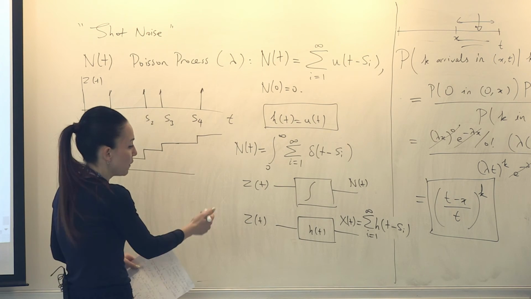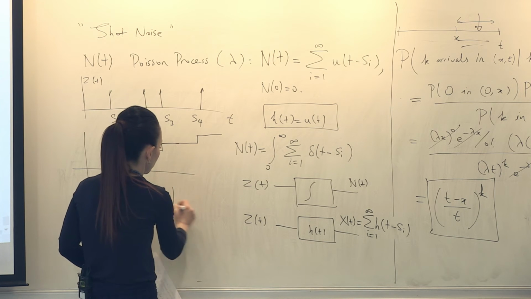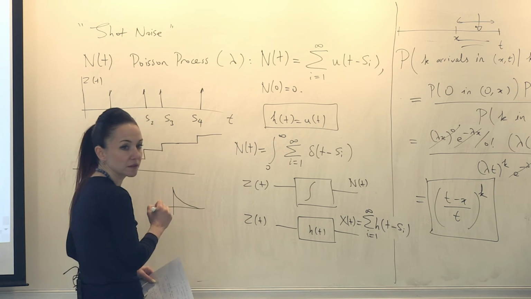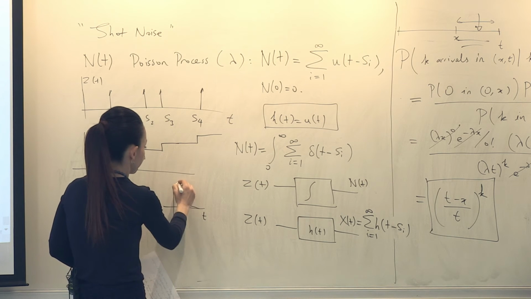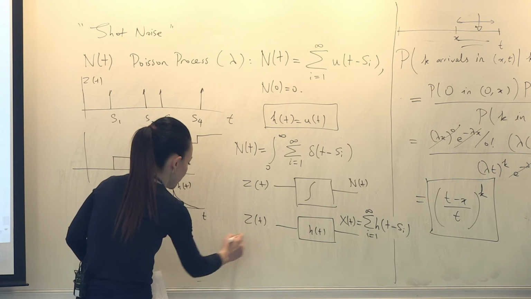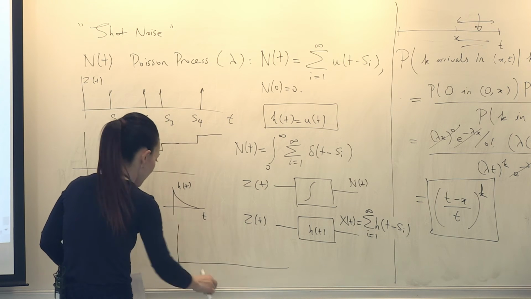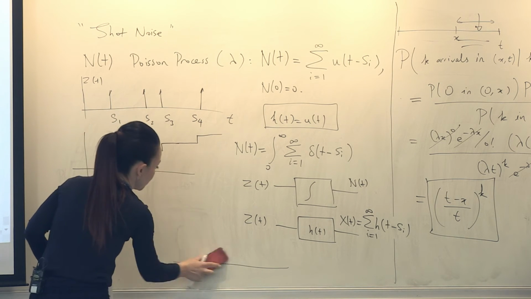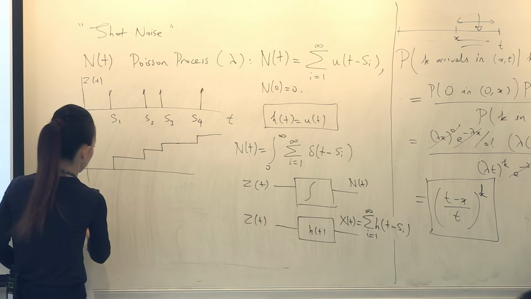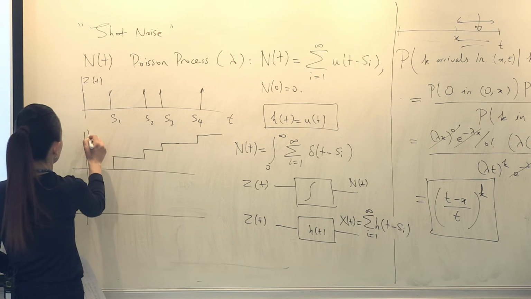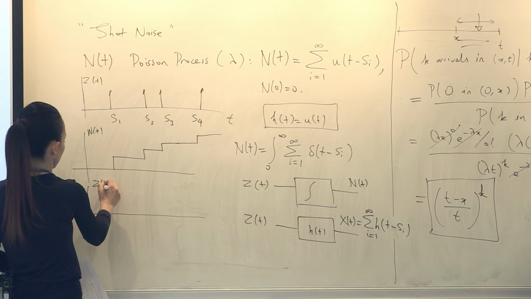Okay, so for example, if h of t looks like this, z of t, and I'm going to draw it right underneath here. This is n of t, this is z of t.